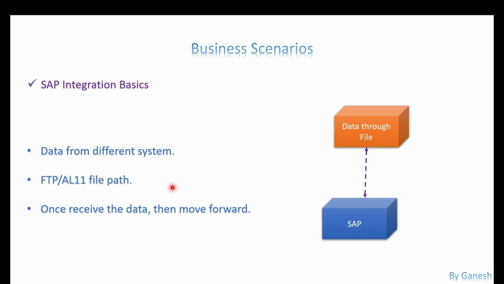Depending on the business requirement, they are able to keep the file in AL11. Okay, so if that is the case, the file is to be read from an SAP program, either from the FTP or from the AL11 path, and then they can make the things happen in SAP and send the information back to the source system.